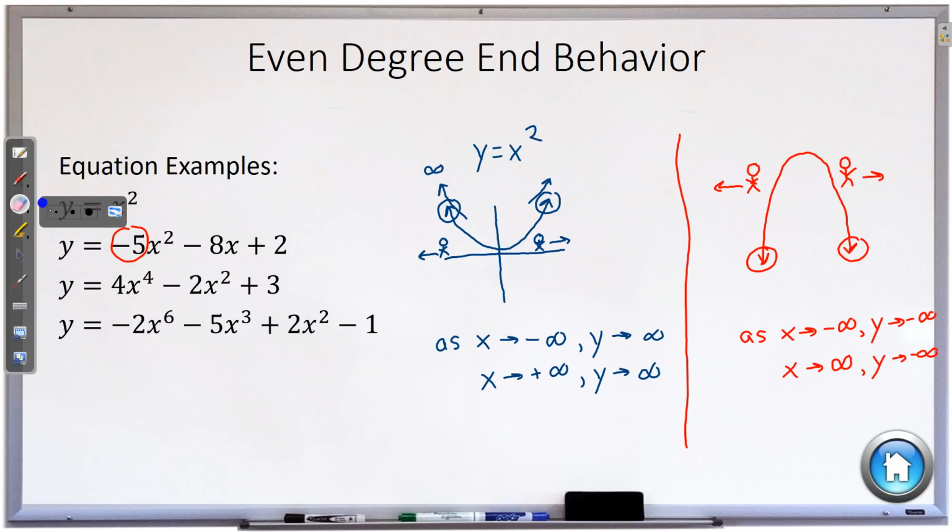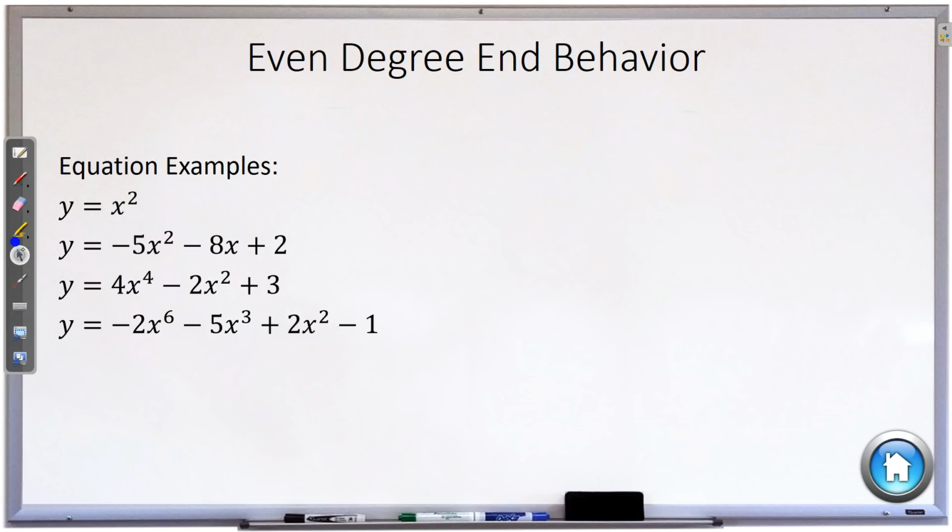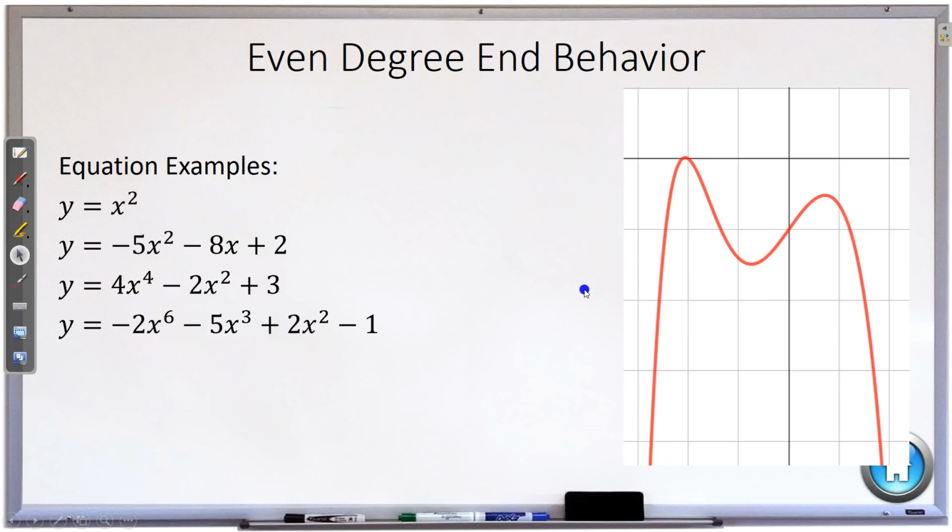Let's do the ones that we're less familiar with. We haven't done much with 4th degree or 6th degree polynomials yet, so we need some help. Let's do the harder one, the 6th degree polynomial. Here is a graph of that 6th degree polynomial. We're doing this one right here. And as you can see, it's quite complicated. It has lots of ups and downs, but we're not worried about all of those ups and downs.